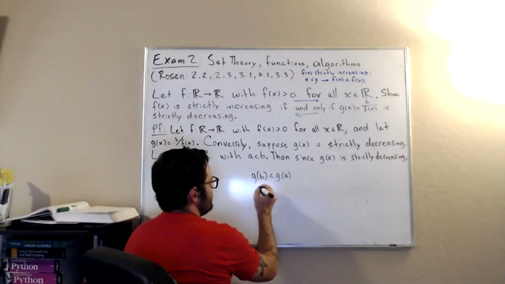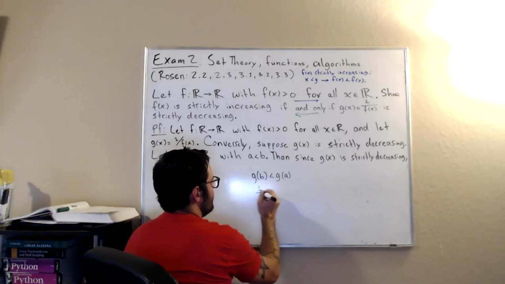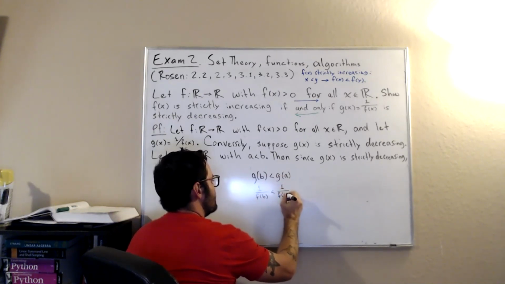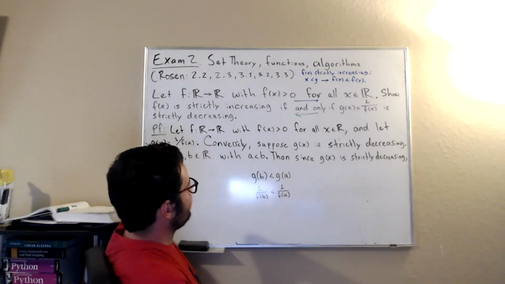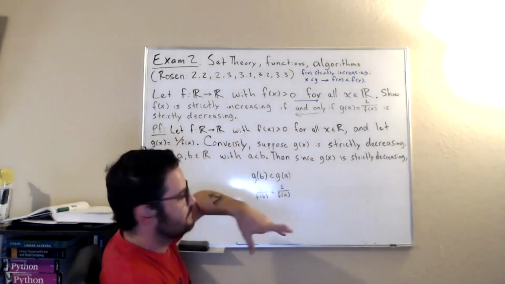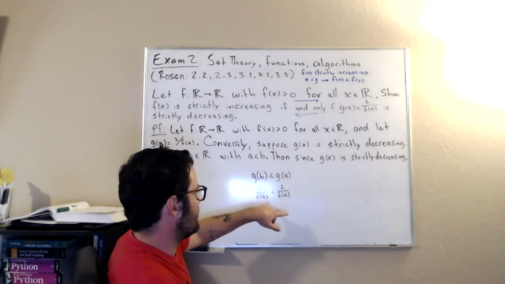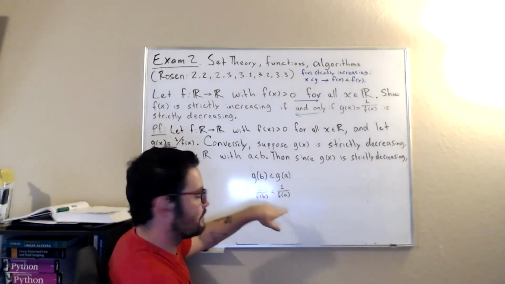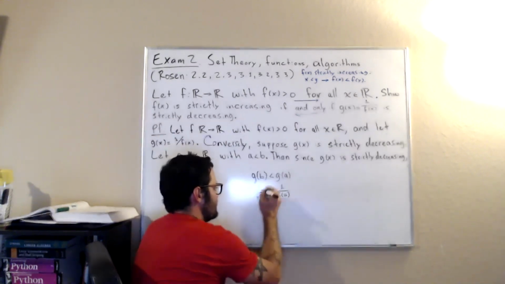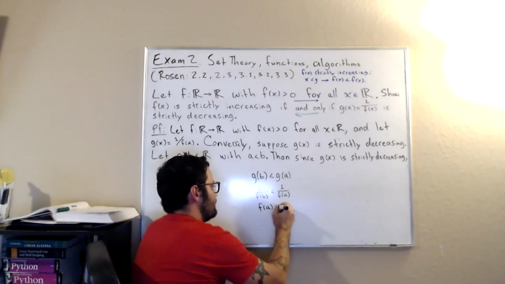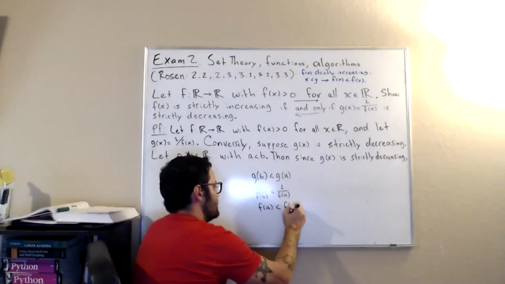But g of b is equal to 1 over f of b, and g of a is equal to 1 over f of a. Now again, since f of x is positive for all values, we can multiply both sides by f of a and f of b, and the inequality is not going to flip. So then f of a is strictly less than f of b.